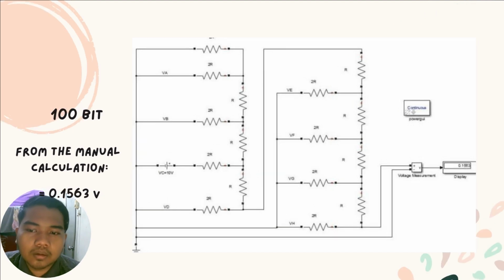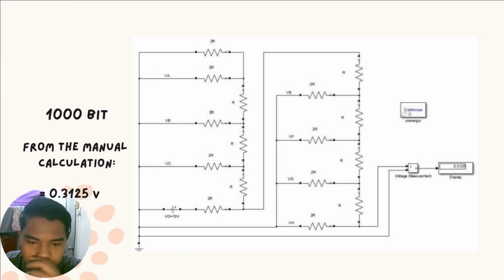For the 100 bit, the Vout is 0.1563 volt, same as the manual calculation. And last, for the 1,000 bit, the Vout is 0.3125 volt.